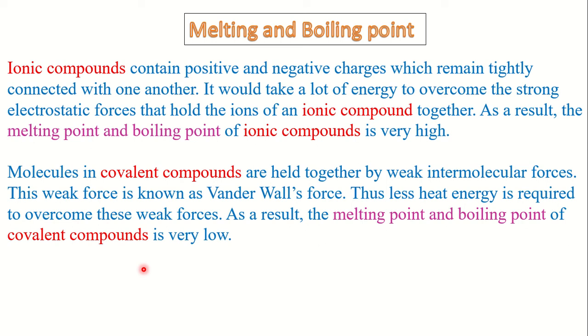Rather, the molecules are separated from one another. That means the van der Waals force is broken, but the covalent bond is not broken. So, ionic bond is strong as well as covalent bond is also strong. But to melt a covalent compound, you have no need to break this covalent bond.